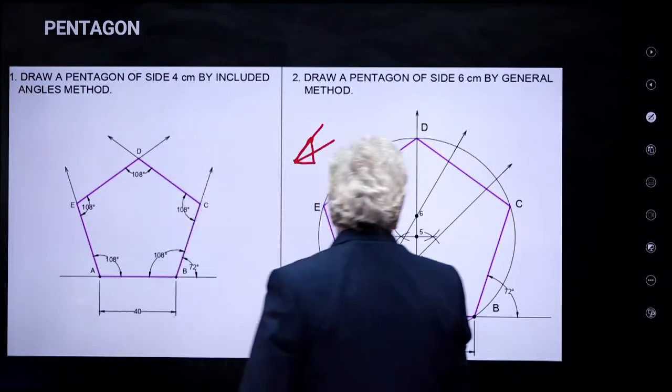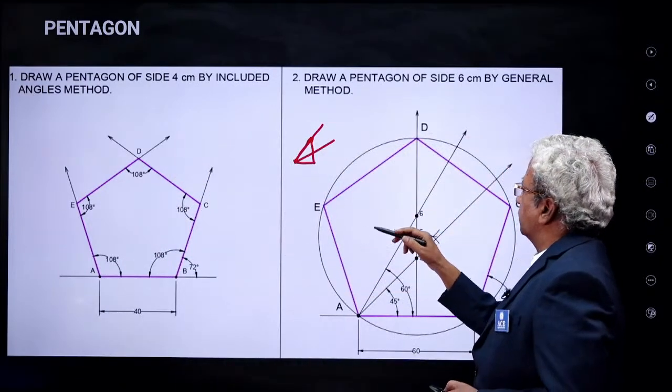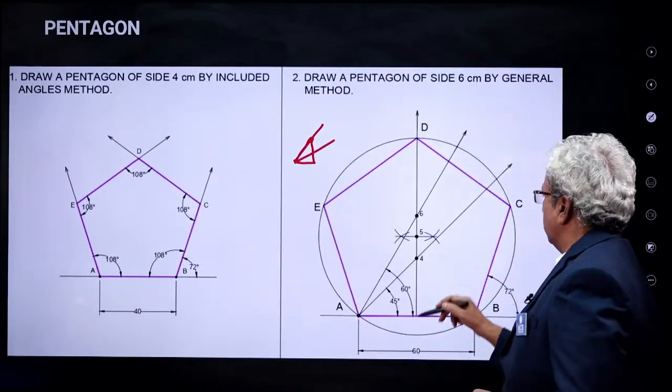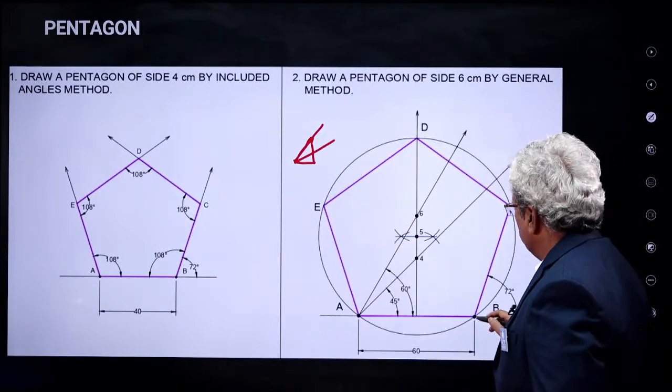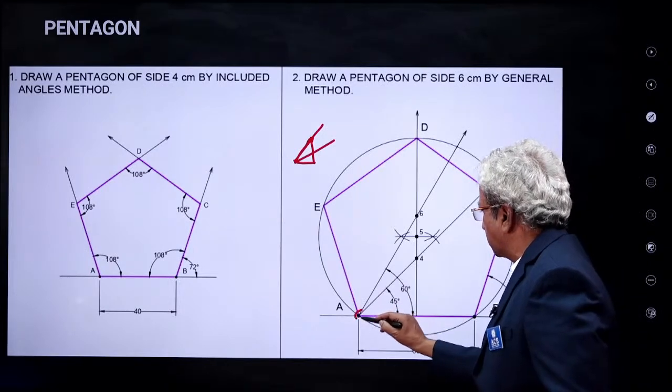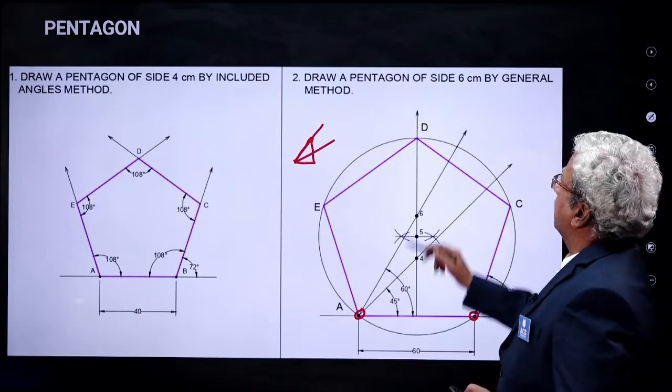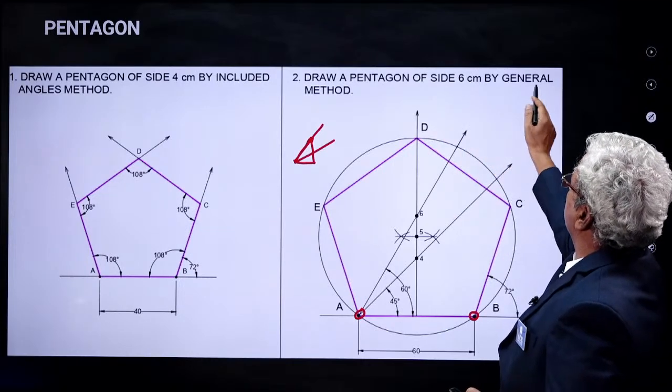We construct a 90 degrees line first. Suppose this is the length of the side on which you have to draw a pentagon by the general method.